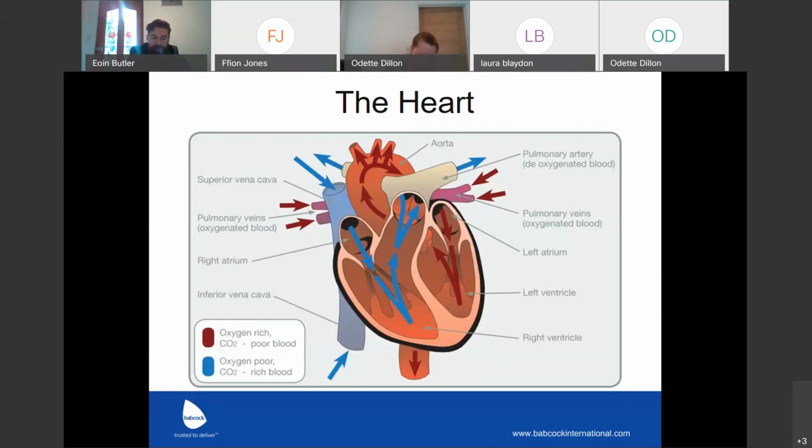Then I'd advise you to try and draw it without looking at the video, without looking at any notes. See how much you know. Check it, see how well you've done, fill in any gaps or corrections, and then do it again. The more you draw it and label it and look at the flow of blood through, the more you're going to gain that knowledge. Is that okay? Any questions?